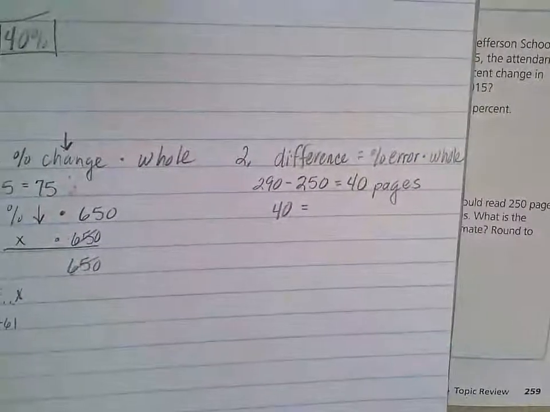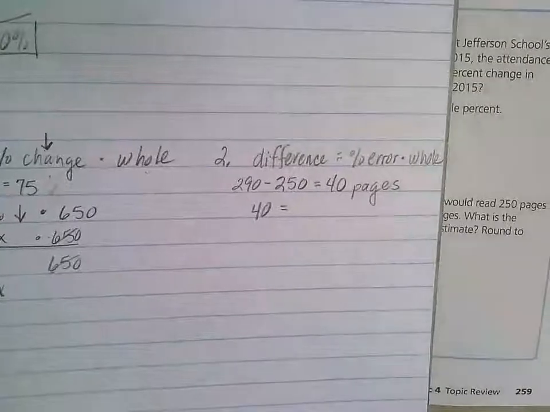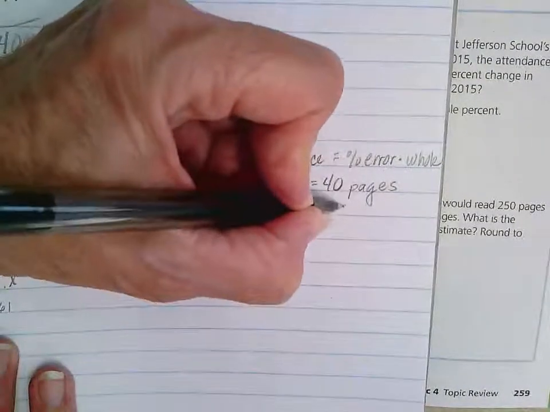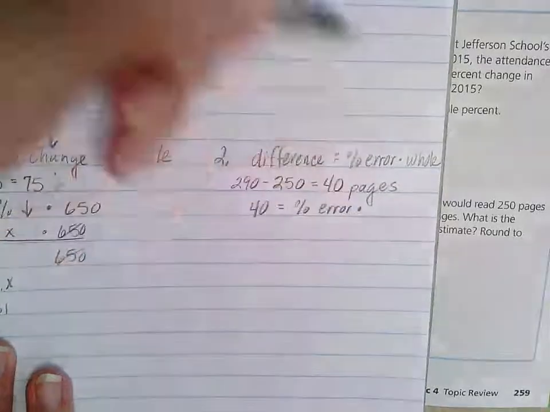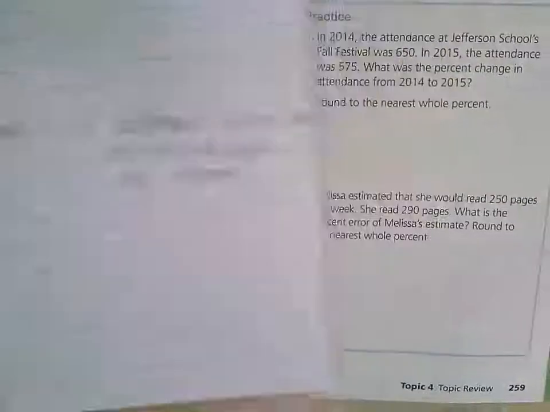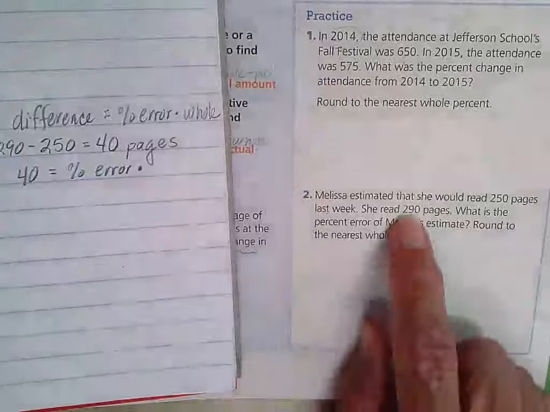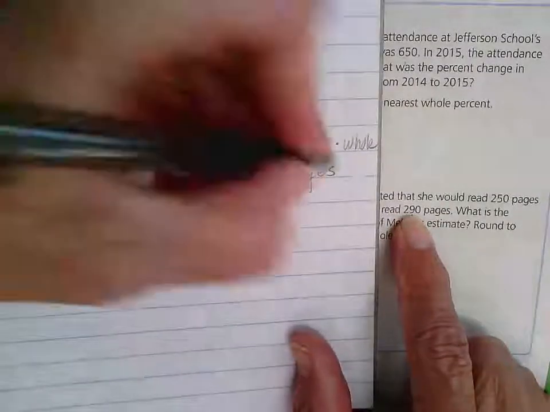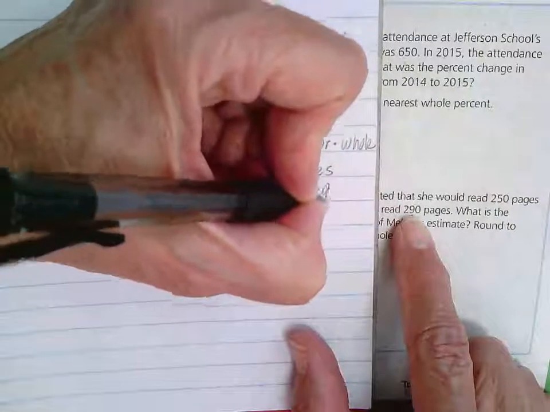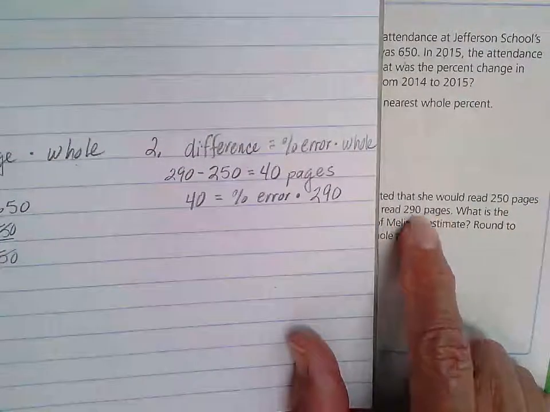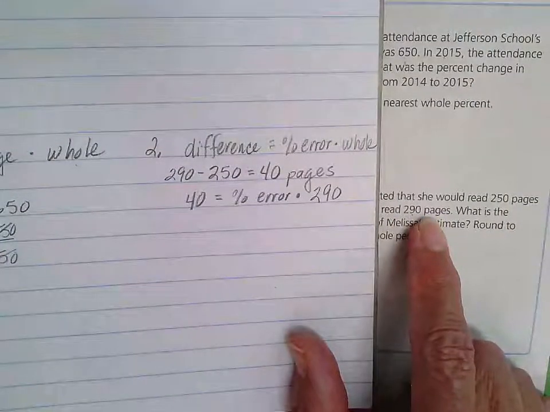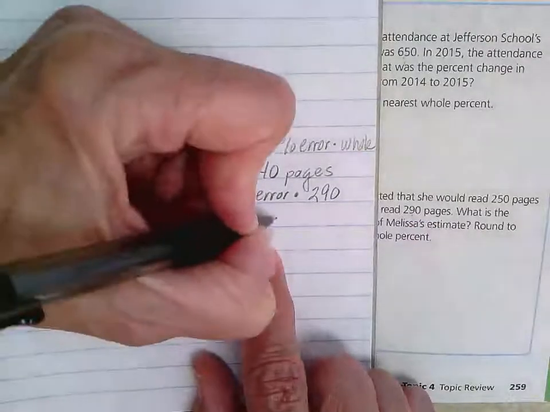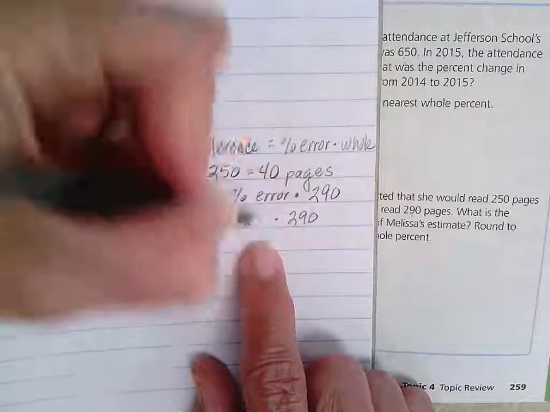And the percent error times the whole. The whole is the actual. So remember, that was my weight. So that was 290 for this. This was the 290 pages. So this is 40 equals x times 290.